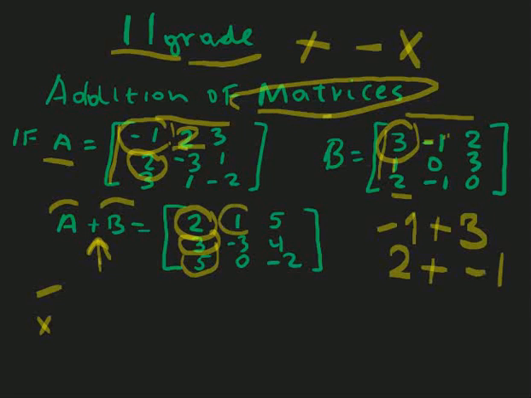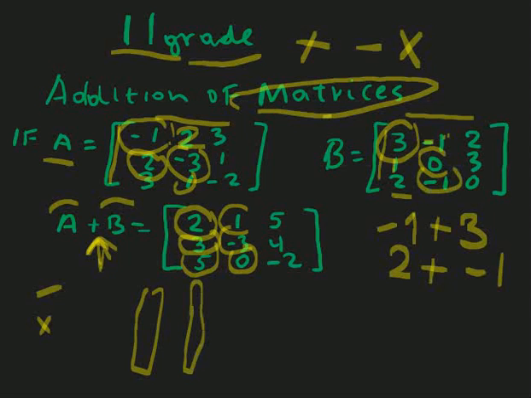And then -3 here plus 0. What are you gonna get? -3. And 1 plus -1, you get 0, right? One column at a time.